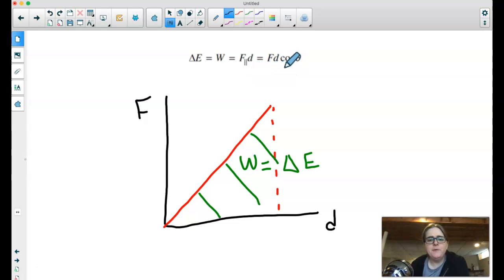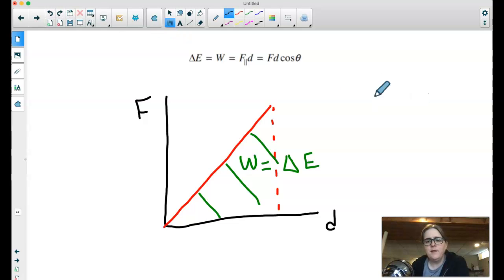And then this last piece of the equation is for when the force is not applied in the same direction as the object's moving. For example, if I have a box and I apply a force just straight to the side, I would use this middle part of the equation, where the force has that little subscript that uses the symbol for parallel.